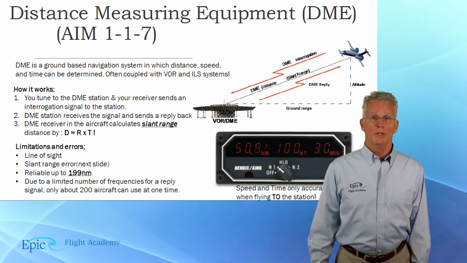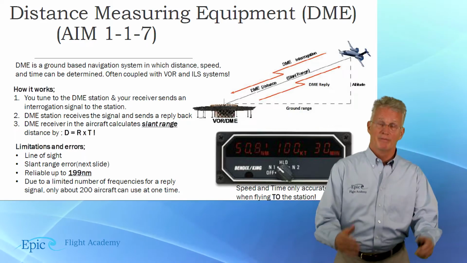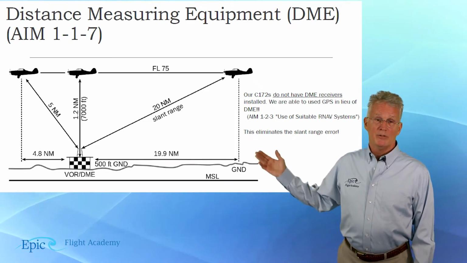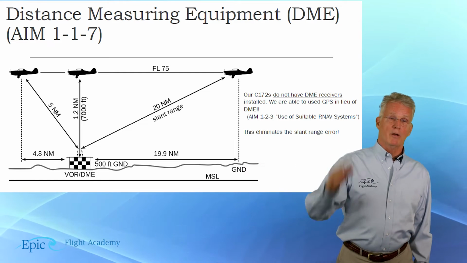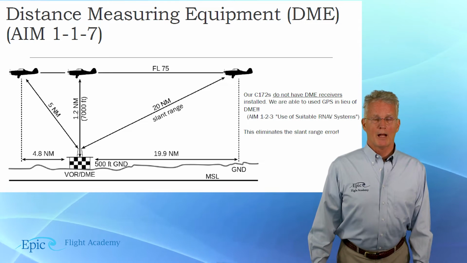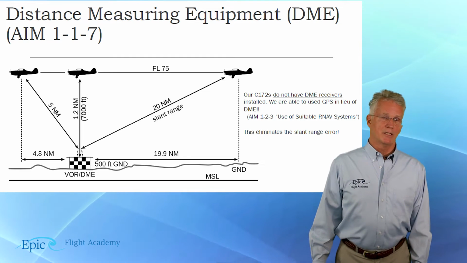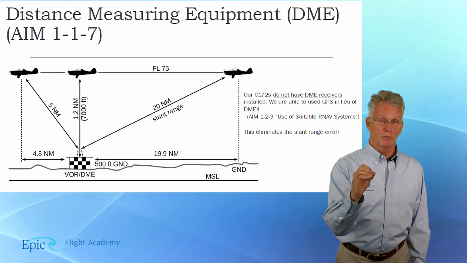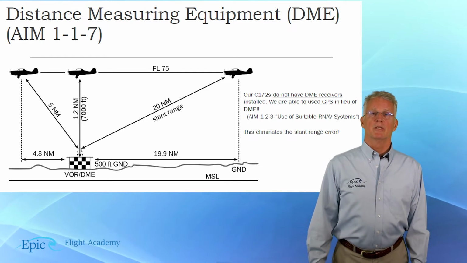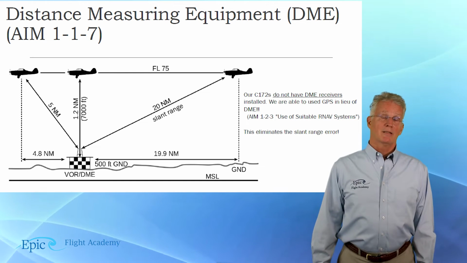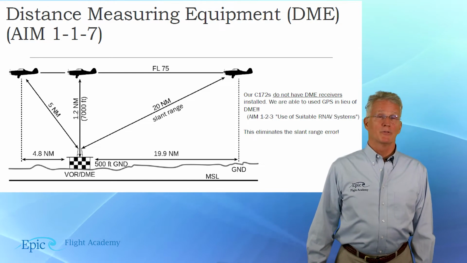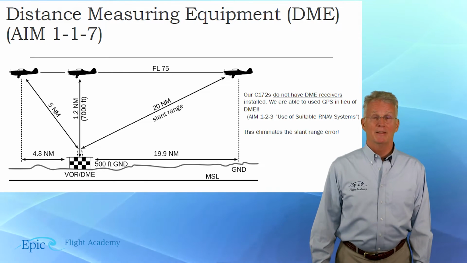Now, this will really come into play if you take a look at this example from the AIM and you see an aircraft flying directly over the top of a DME. So the ground-based distance to that DME is actually 0, but the aircraft is going to see the DME indicate that it is 1.2 nautical miles from that DME equipment.